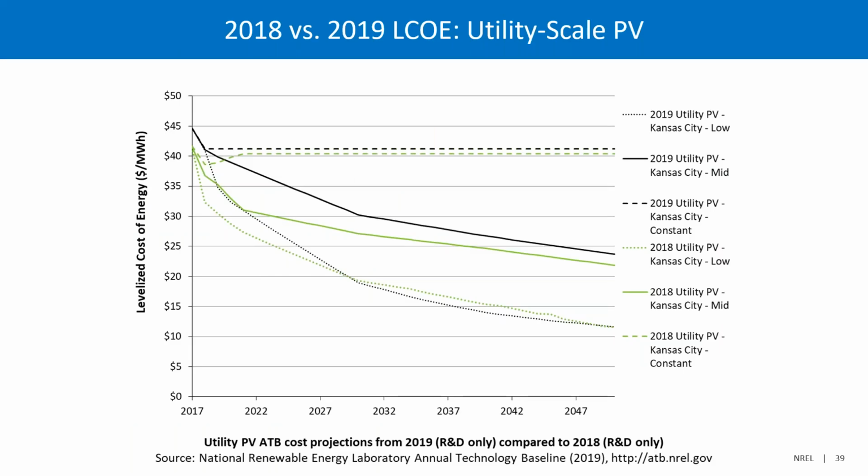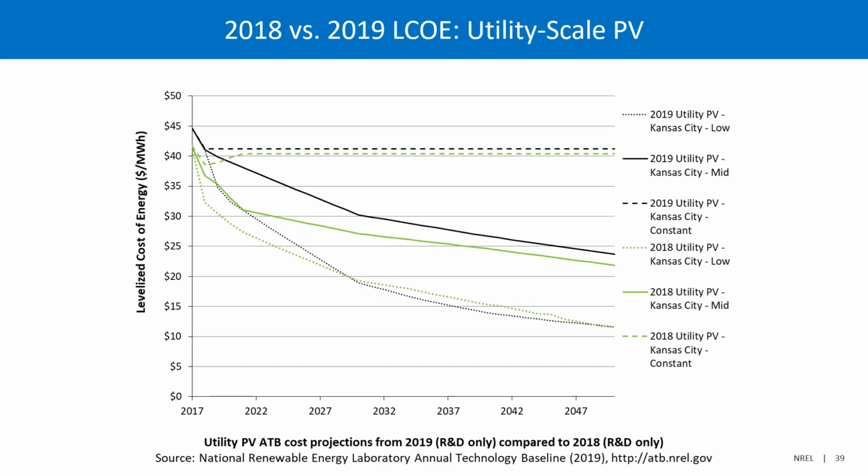With that, maybe to the next slide. There are a few things to note. In the constant case, there was a dip and it went back up in the past year.